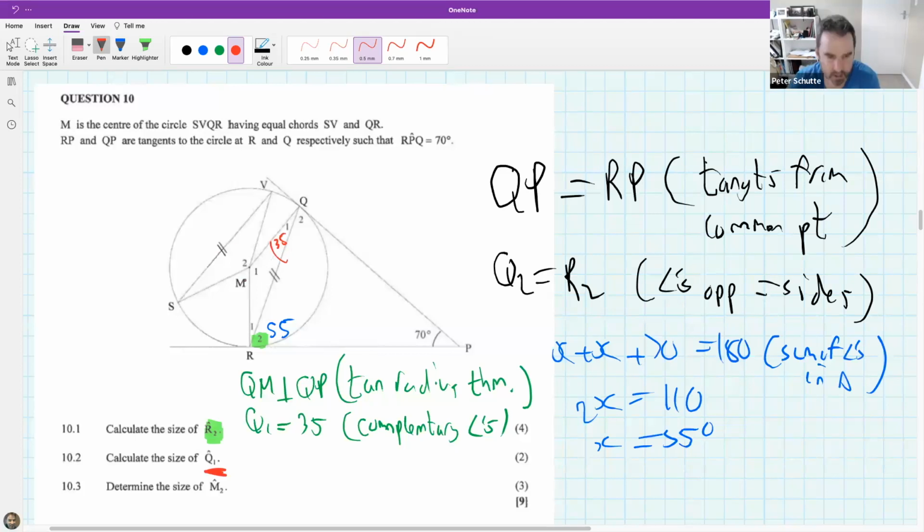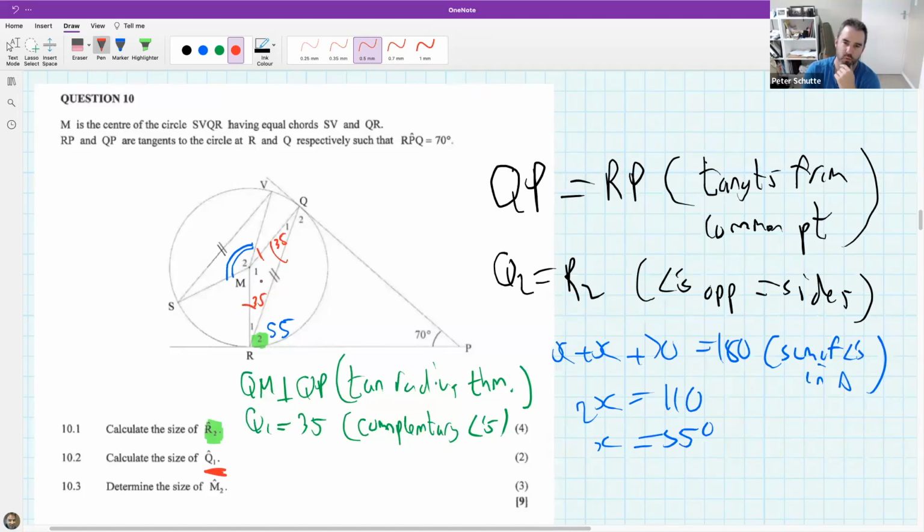Okay, what about the last one? What about M2? It's a bit of a tricky one. So I think most of you can see that this is a radius. These are two radii. So that and that would be equal. So that's 35.